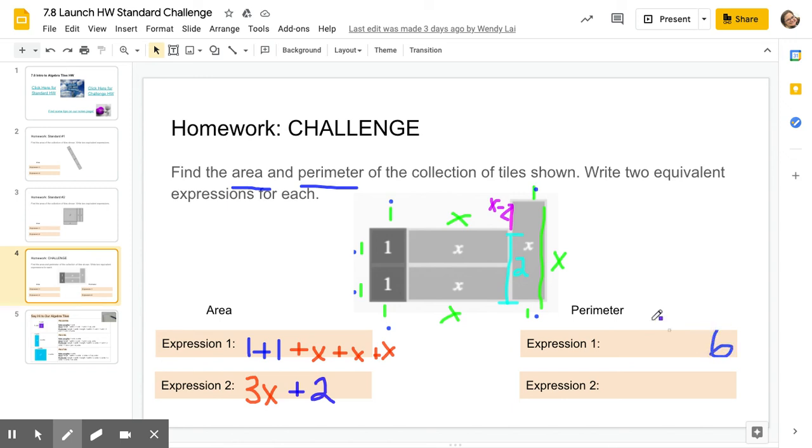Okay, so I have 6 around the outside. Then let's look at how many x's I have. I have x, x, x. I have 3 x's in my perimeter. So I'm going to say 3x.